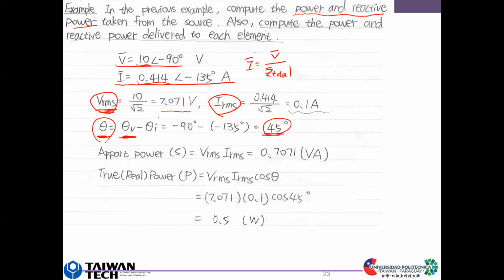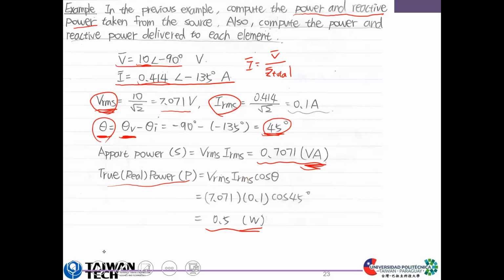So apparent power is just VRMS times IRMS, and the unit is VA. And the true power is VRMS times IRMS times cosine theta, which is 0.5 watt. And remember, these units are different.